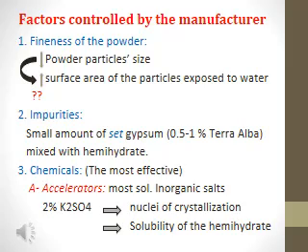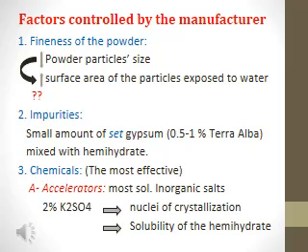And we have two different types of chemicals, whether accelerators or retarders. The accelerators, the manufacturer uses 2% potassium sulfate.